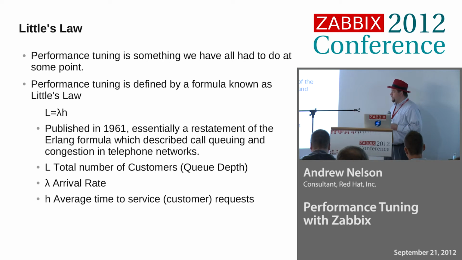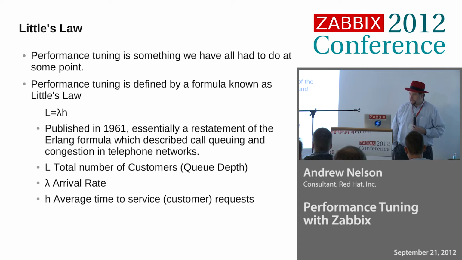So Little's Law, like I said, we're going to dive into something interesting. Little's Law was published in 1961, and it was essentially a restatement of the Erlang formula. Erlang was a mathematician, if I'm remembering correctly.